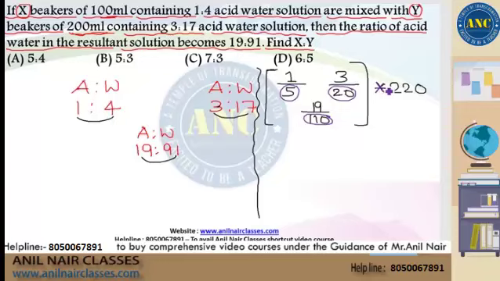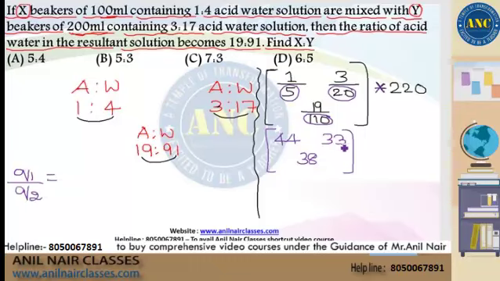That is the reason I am multiplying with the LCM. If I simplify 220 into 1 by 5, it is 44. 220 into 3 by 20, it will be 33. 220 into 19 by 110, it is 38. I hope you are understanding the logic, sir. Now, if I want to find the Q1 by Q2 ratio, it is 33 minus 38, which is minus 5, divided by 38 minus 44, which is minus 6.